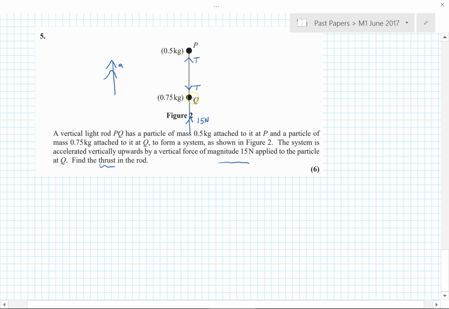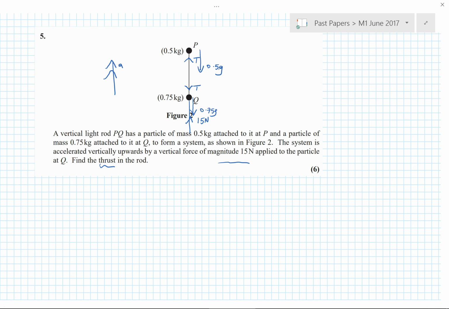But don't forget there's weights on each of these as well. There's a weight of 0.75g on that one, and there's a weight of 0.5g on this one as well.